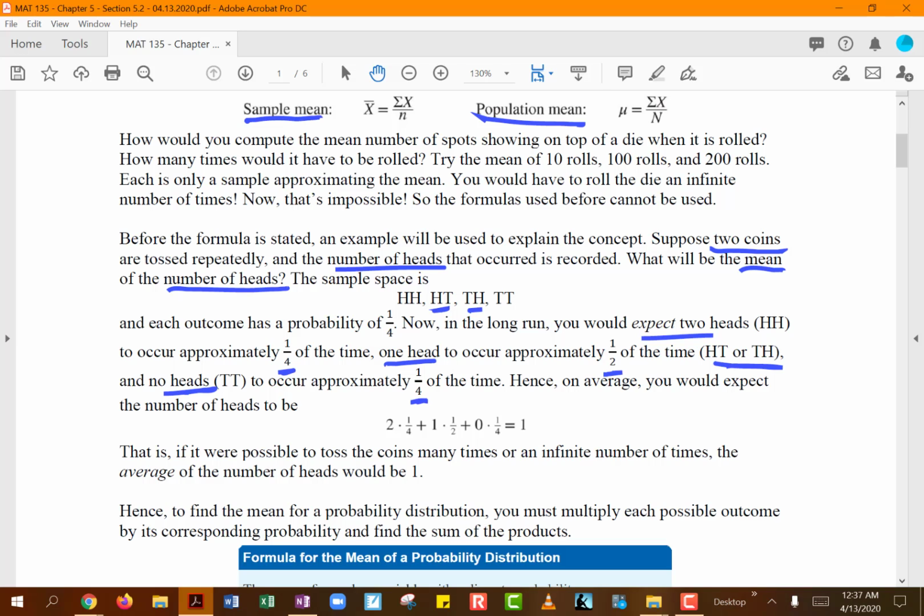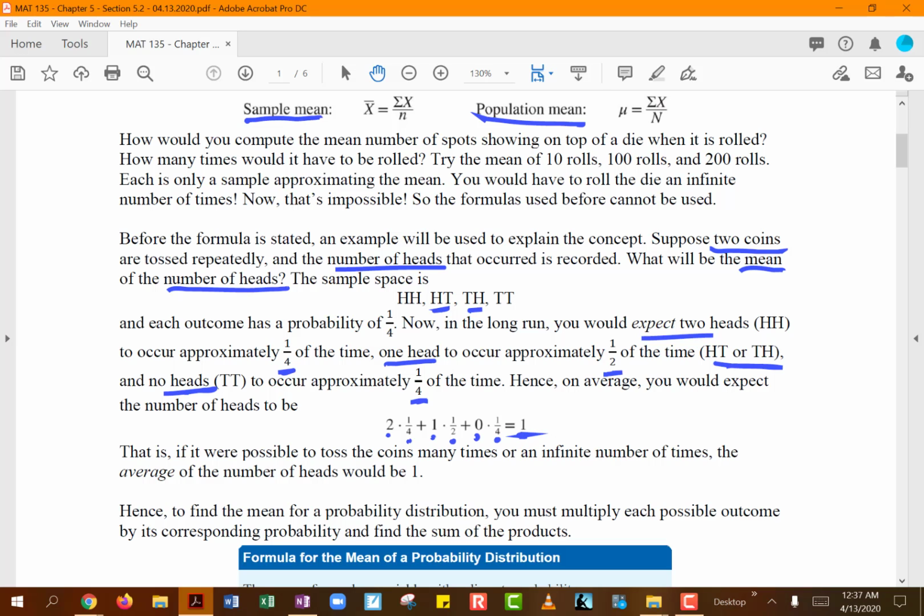So to find your average, your mean, we would say, okay, getting 2 heads multiplied by its probability of 1/4, getting 1 head multiplied by its probability of 1/2, and getting 0 heads, or no heads, multiplied by its probability of 1/4. If you go ahead and do all these multiplications and then the additions, that actually will end up giving you 1 as your answer.